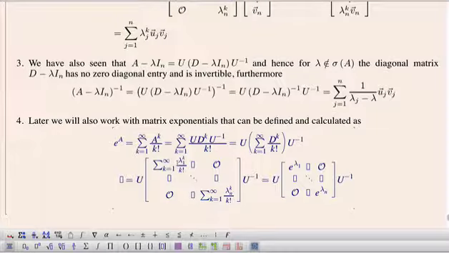But this is then the Taylor expansion of the exponential function with exponent lambda_1. So we can write this as e to the lambda_1, up to e to the lambda_n, multiplied with U from the left and U inverse from the right. So this is another way to work with the matrix exponentials.